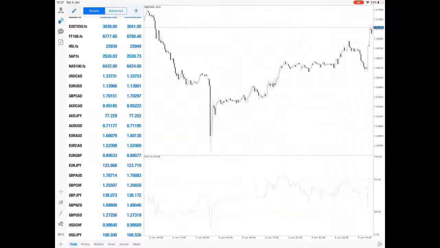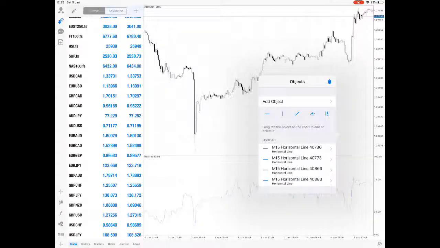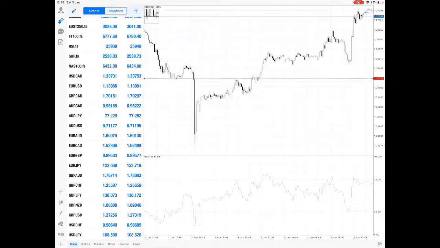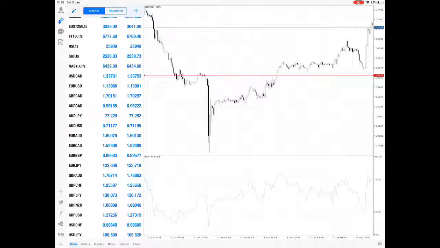Using this, if I do a quick line here, you can use this level here. Always try and use whole numbers if you can, but 261 level here, you can use that as good resistance. On more short term, you can actually use as a resistance.